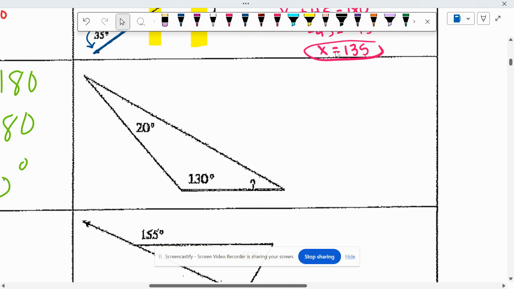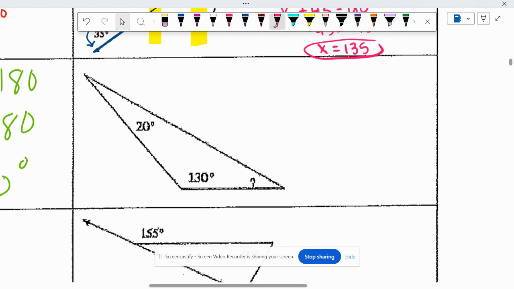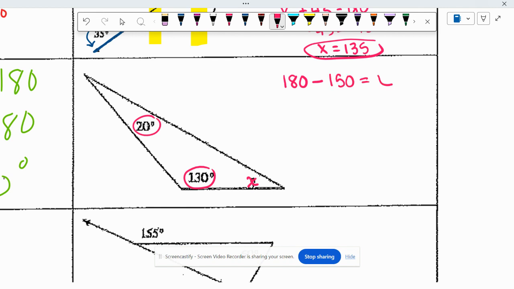So my next one says, we'll just call this guy X, this question mark X. So I'm trying to solve for X. So I'm going to write it as 180 minus the sum of these two. So I'm going to write 180 minus 150 equals X. Are you guys okay with that if I do that?